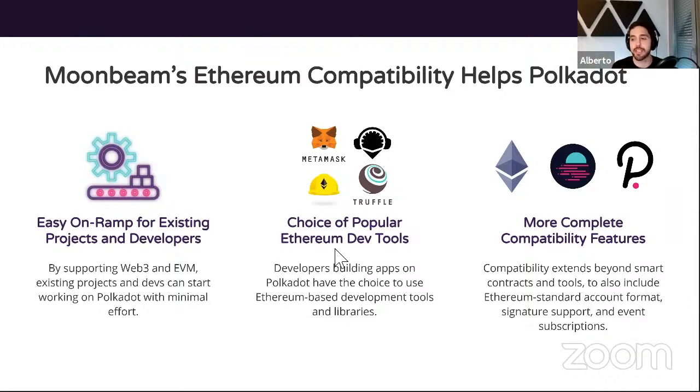So this is actually truly exciting. And we also offer stuff like event subscriptions, and we're working on a debug API to help indexers work on Moonbeam and so on. So it's more than a simple EVM layer. We've added a lot of features to become the most frictionless Ethereum environment in the Polkadot ecosystem.